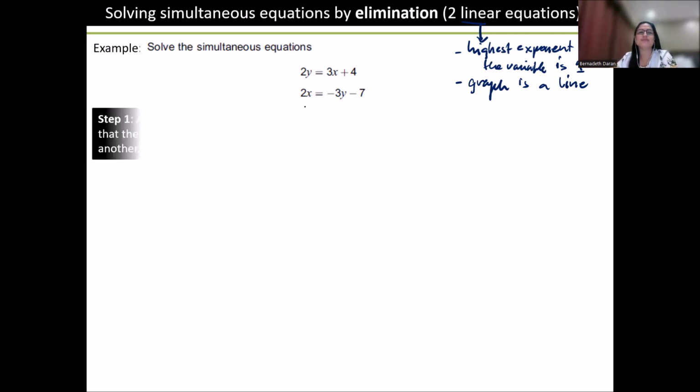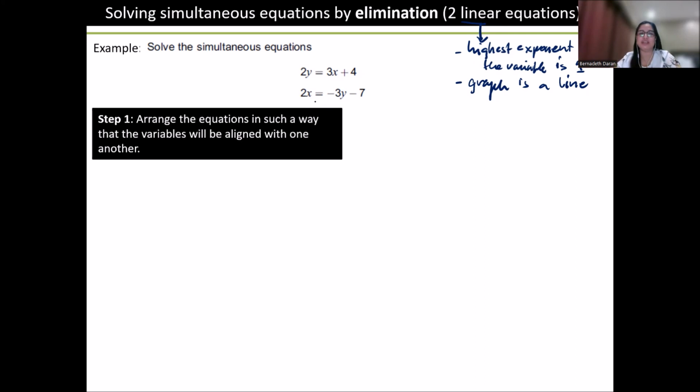Now, how do we solve this simultaneous equation? First, we arrange the equations in such a way that the variables will be aligned with one another. Okay, so that would mean if we have 2y is equal to 3x plus 4, we can write this as negative 3x plus 2y is equal to 4.